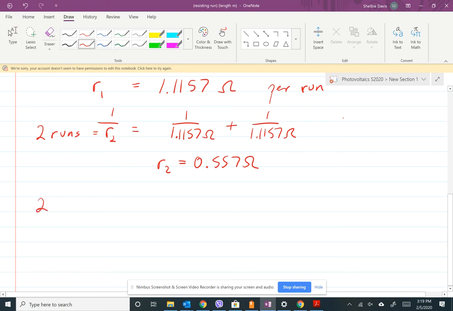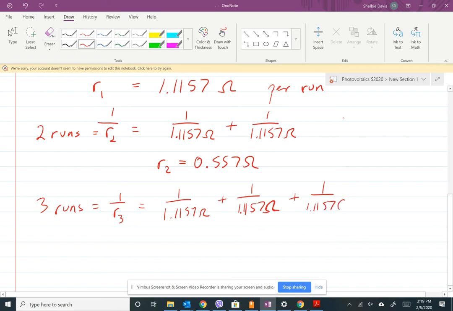So 3 runs is equal to 1 over R3 equals 1 over 1.1157 ohms plus 1 over 1.1157 ohms plus 1 over 1.1157 ohms. So your R3, that's going to be about a third of an ohm or so, just because that's the way it works out. 0.3719 ohms.